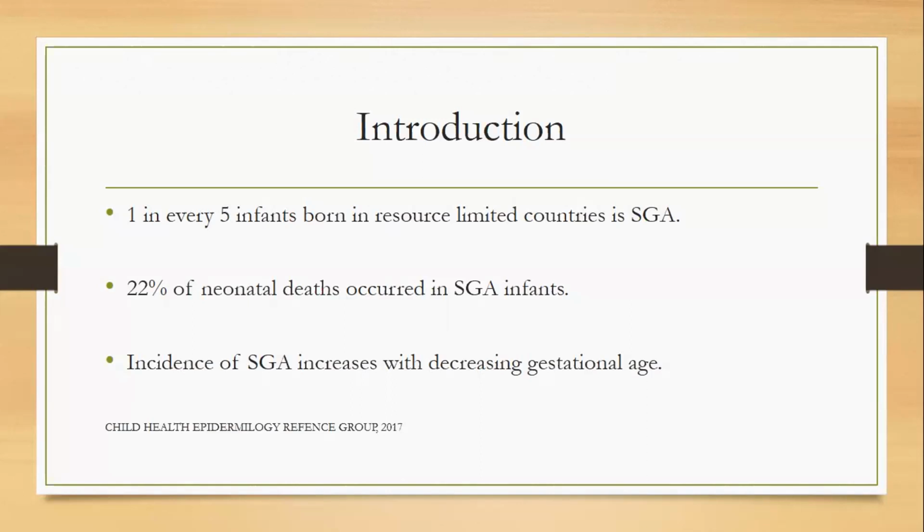In low resource settings, 1 in every 5 infants, which is about 20% of infants, are actually small for gestational age. And small for gestational age contributes to 22% of neonatal deaths, so more than a fifth of neonatal deaths. And we find that the incidence of small for gestational age increases with decreasing gestational age.